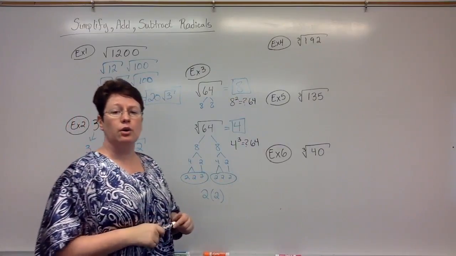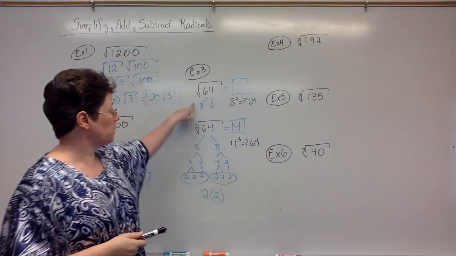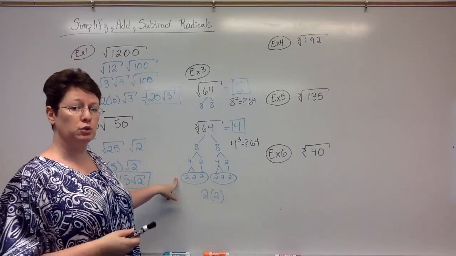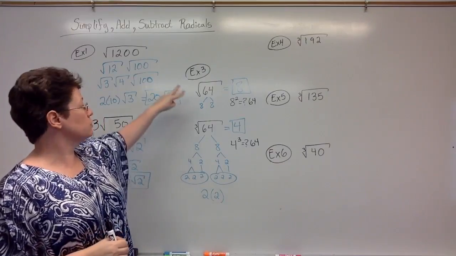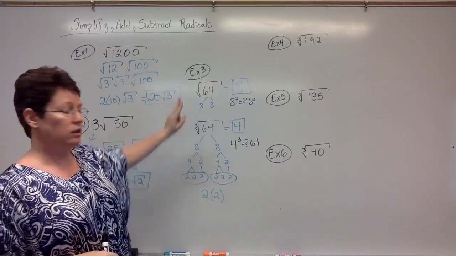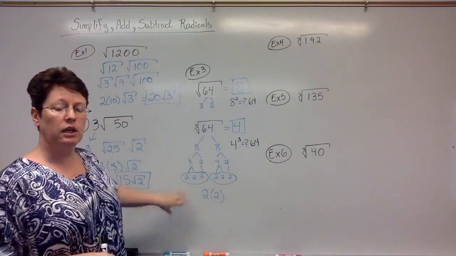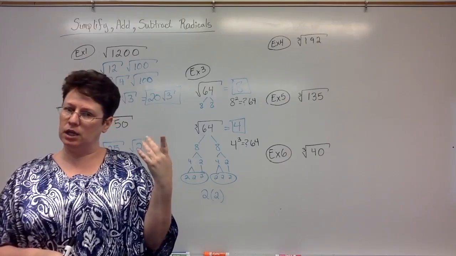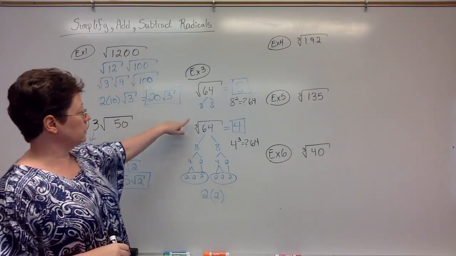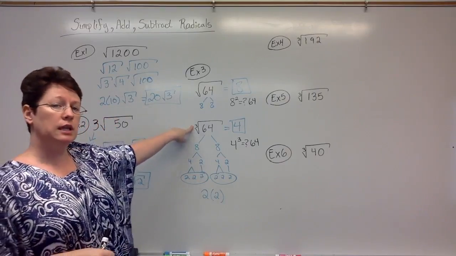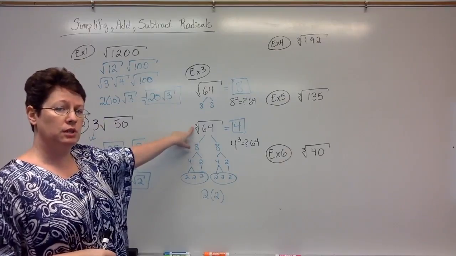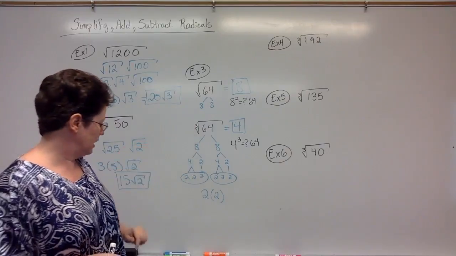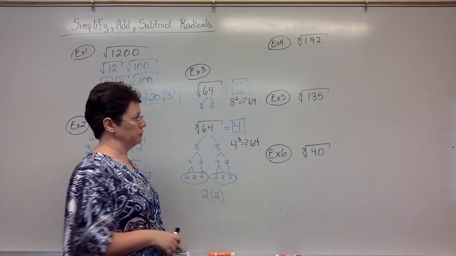Okay? So now instead of looking for pairs, we're looking for a trio. Instead of 2 of the same number to pull it out, I need 3. If it were a 4th root, guess how many I would need? 4. The little number out in front of the radical indicates how many duplicates you need to pull it out. It tells you what you're looking for.